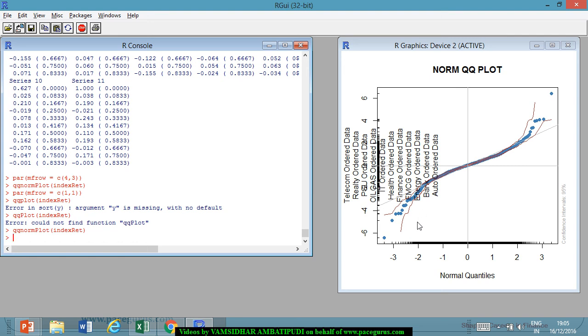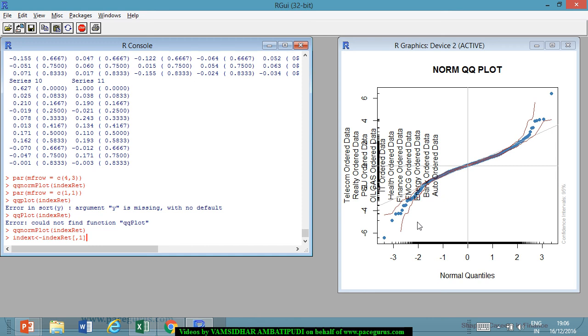So if I take only one column, it would simplify the entire graphing process, because otherwise the graphs are looking quite absurd, wherein all of them are getting plotted into one single plot itself. So probably I could have taken index telecom as index ret of only the first column.